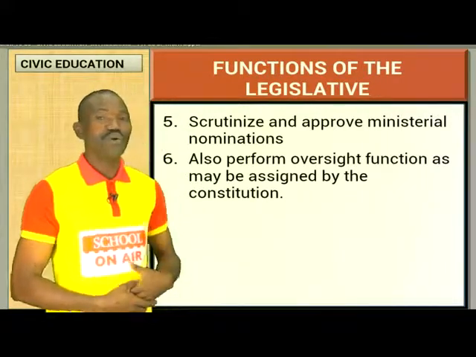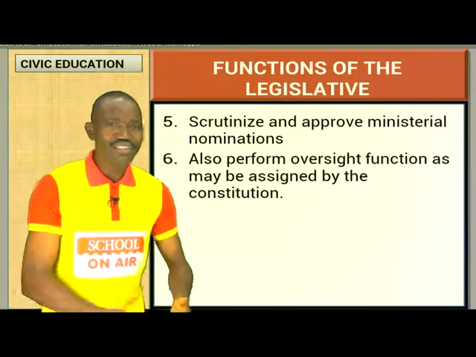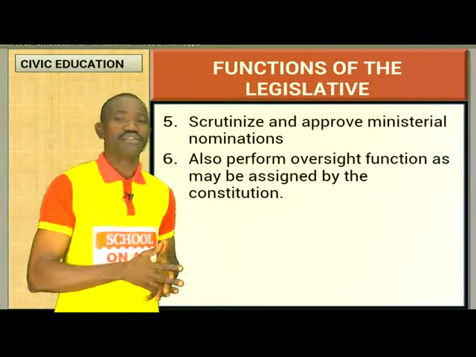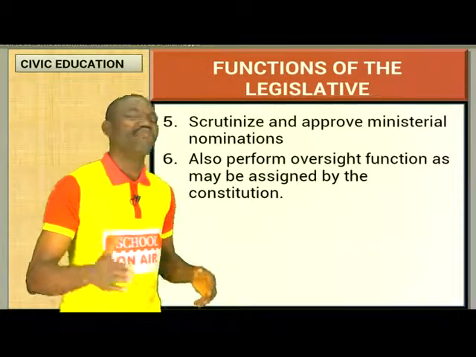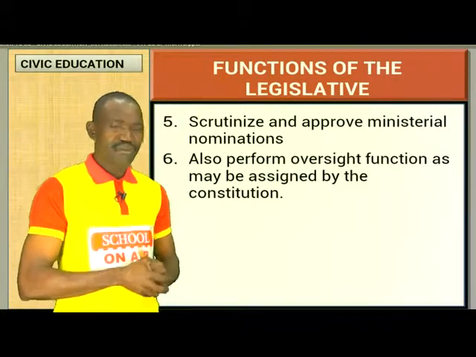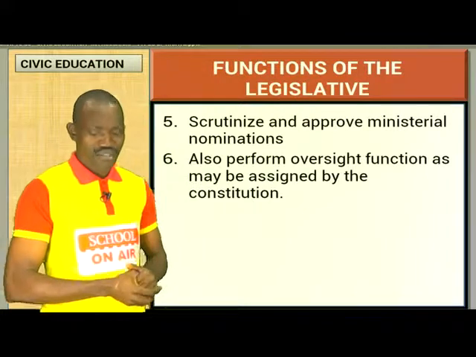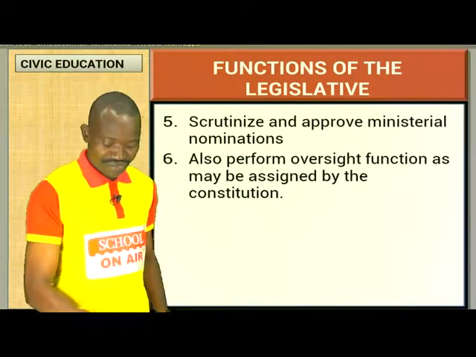At the state level, the governor will present to the state legislature a list of commissioner nominees. Appropriate steps will be taken, part of which include inviting the people concerned, questioning them, and then approving or disapproving their nomination.